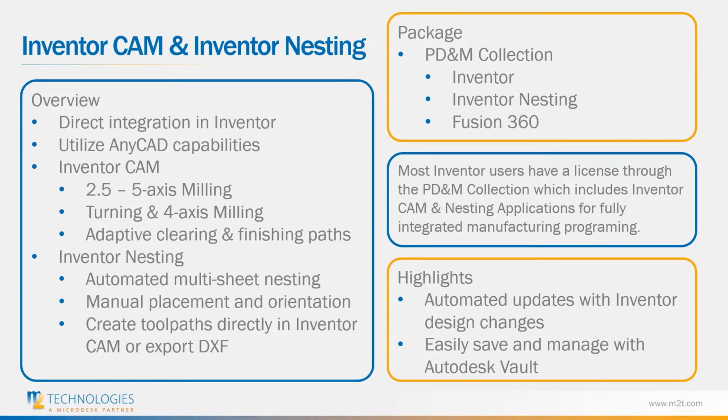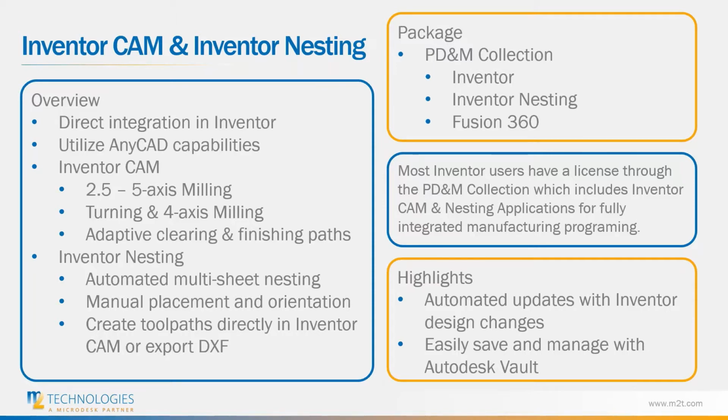Next, we're going to look at Inventor CAM and Nesting. Both Inventor CAM and Nesting are integrated tools that connect directly with Inventor, so you don't need to change between different applications when you are going from your design to your CAM or nesting. It also utilizes any CAD capabilities, so even if you have either CAD neutral or CAD files from other software, you're able to bring those into Inventor and apply your CAM and nesting operations directly on those files.